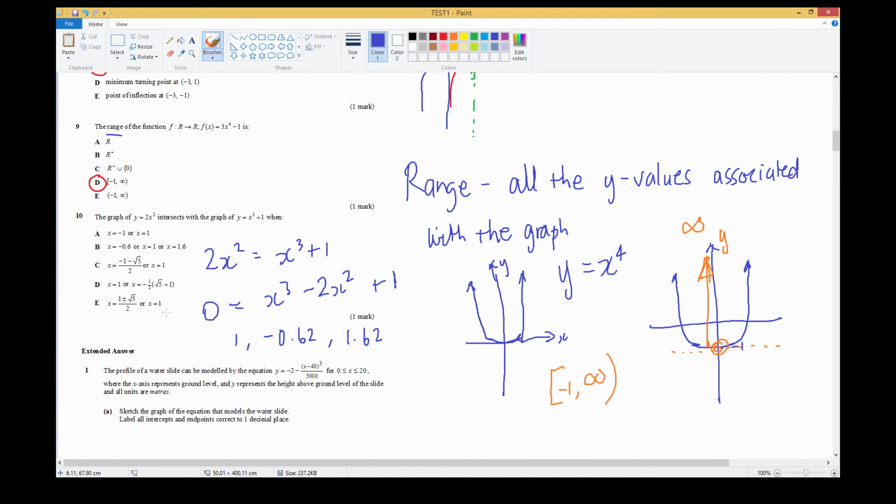Okay, now x, yes, E would be a better response, because this is what we got using the calculator. So this is what we got using the graphical method.